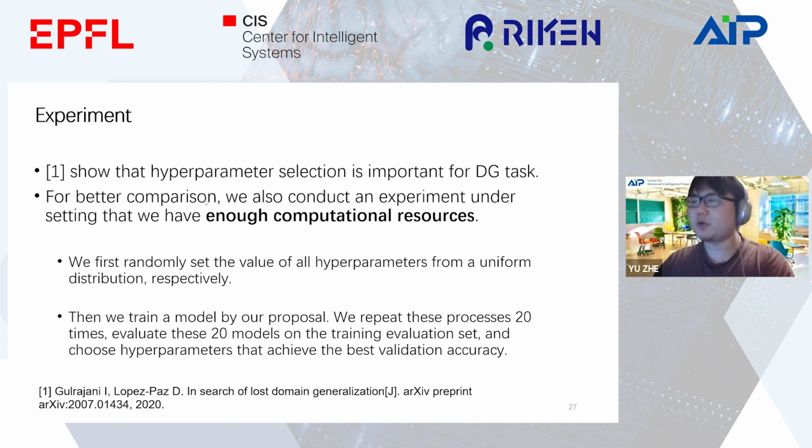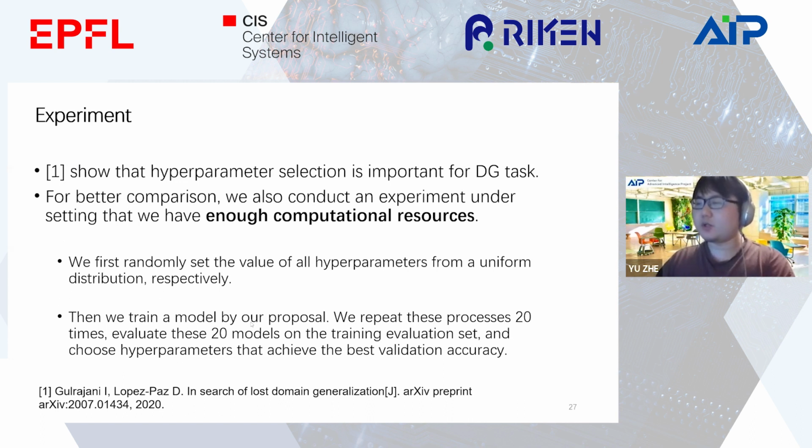Hence, for a better comparison, we also conduct an experiment under the settings that we have enough computational resources. Since we have enough computational resources, we first randomly set the value of all hyperparameters from uniform distributions respectively.